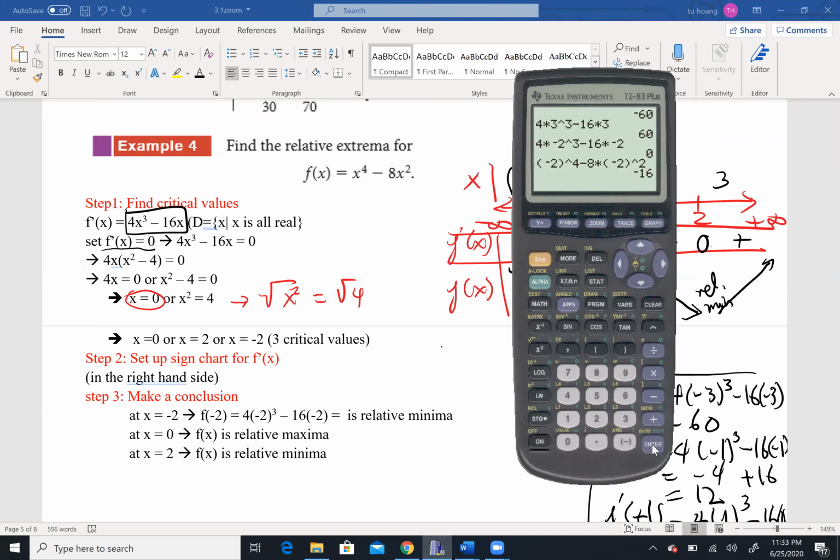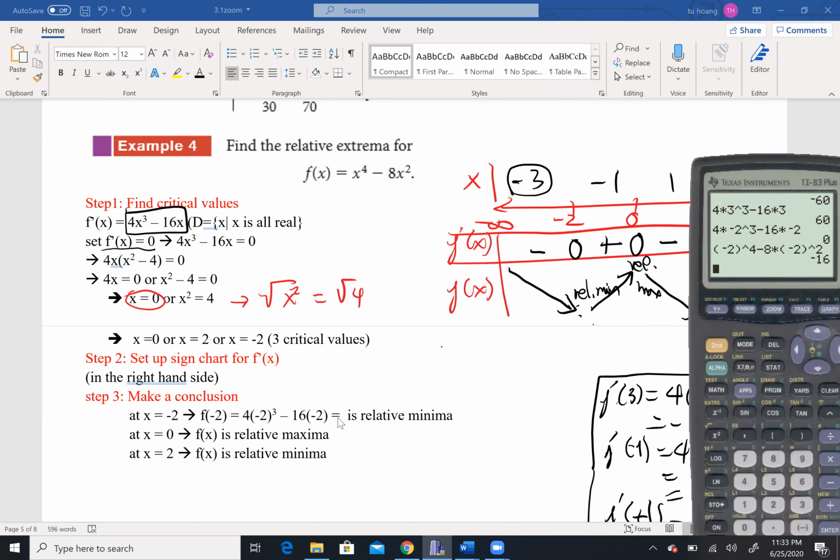And that should be negative 16, which is a relative minima. Actually, okay, negative 16.